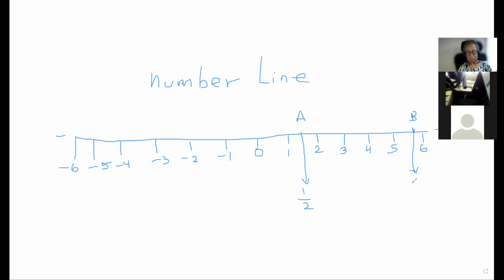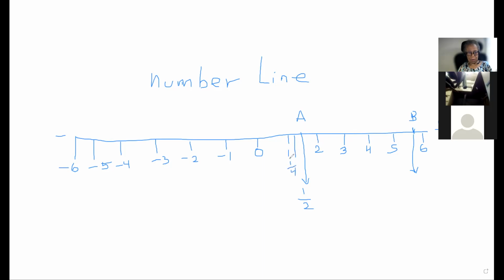A third. Well, a third would be closer to the 5. 1/4. No, remember, if the half is the midpoint, Maureen, then 1/4 will be about here. In other words, if I took half of a half, I get a fourth. So right here, this would be 1/4.